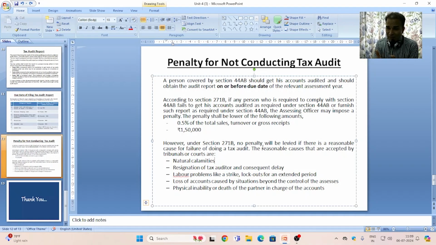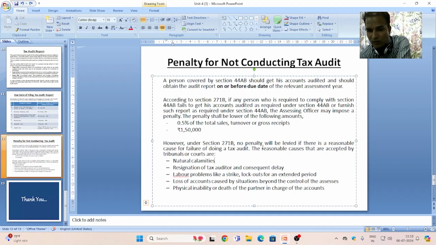Tax audit is compulsory according to section 44AB of the Income Tax Act 1961, and for non-conducting of the tax audit, section 271B of the Income Tax Act 1961 empowers the assessing officer to impose a penalty on the taxpayer or assessee, which may be the lower of two amounts.